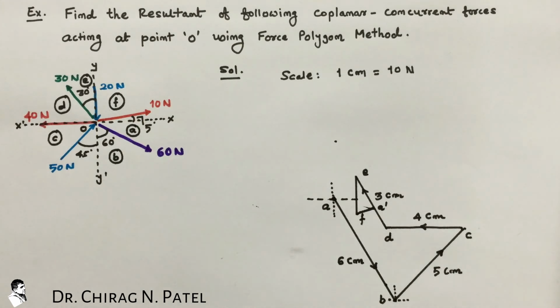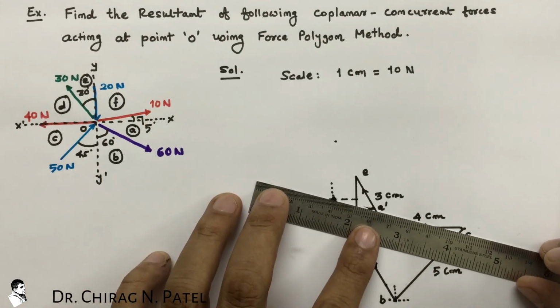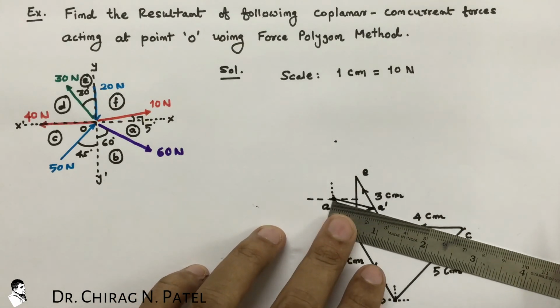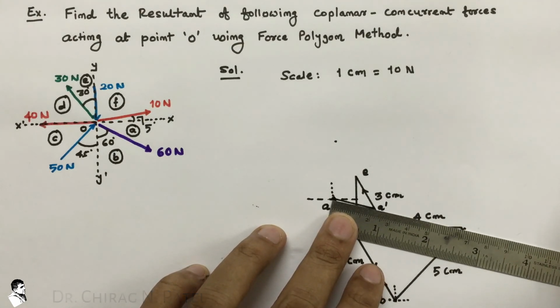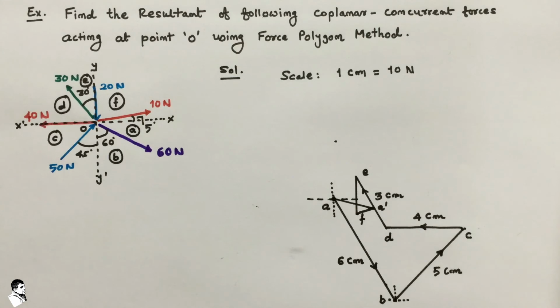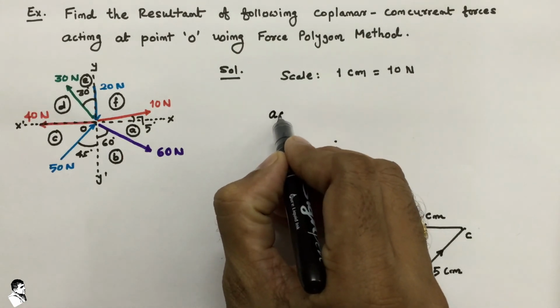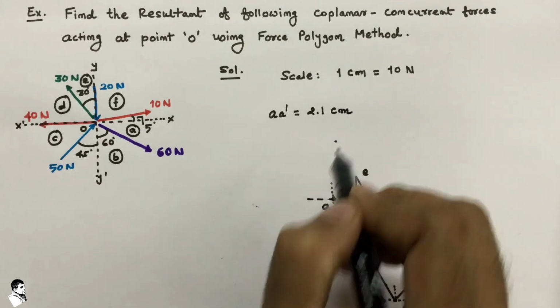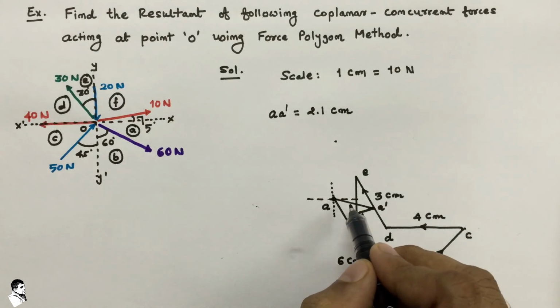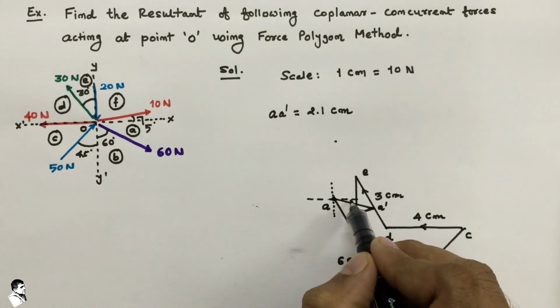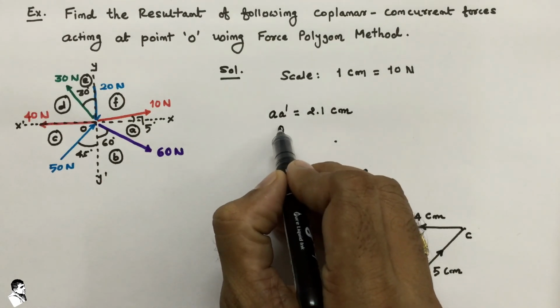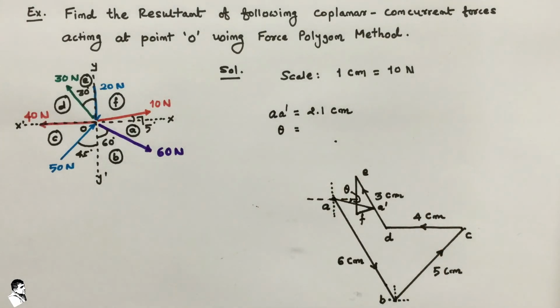Now we join A and A dash. The length of A to A dash equals 2.1 centimeters. We can also measure the angle with this horizontal, which we call theta.